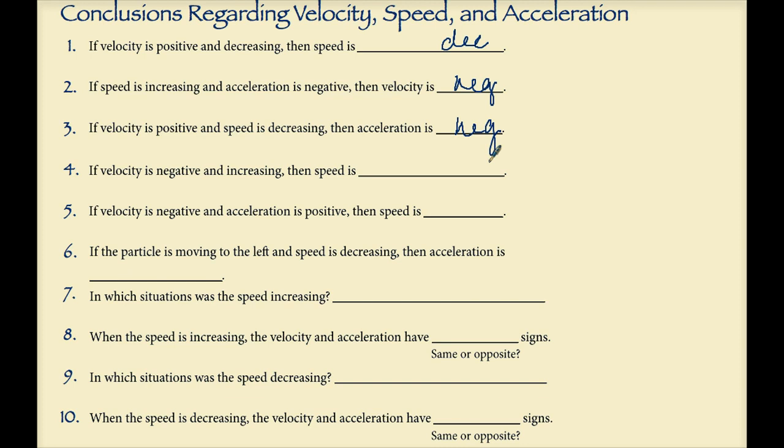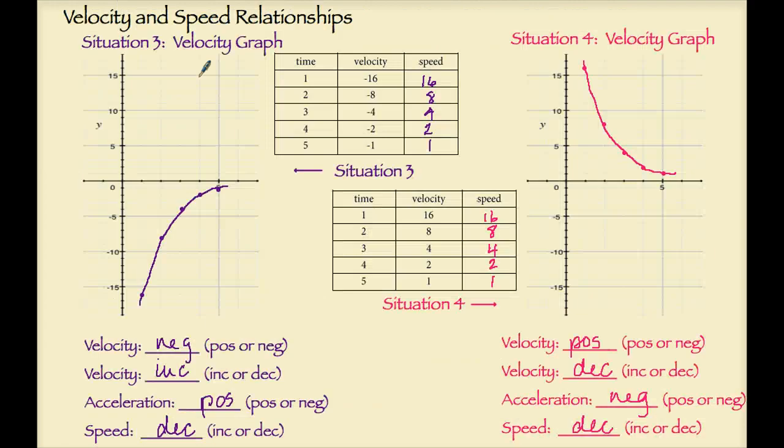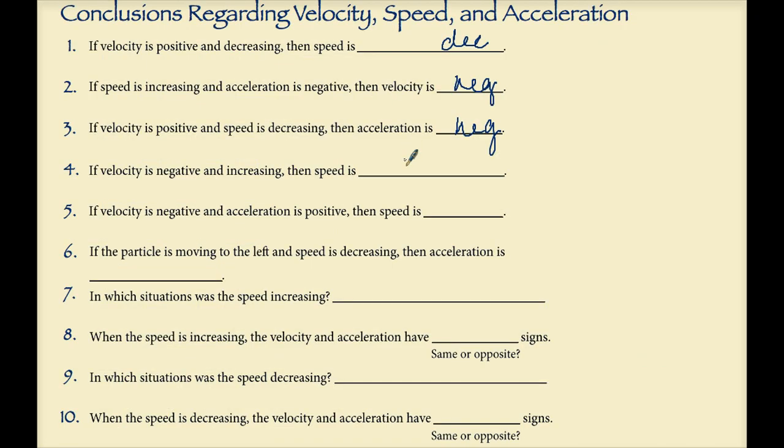If velocity is negative and increasing, then speed is, that was situation 3. Velocity negative, increasing, speed was decreasing. If velocity is negative and acceleration is positive, then speed is, that was also 3.